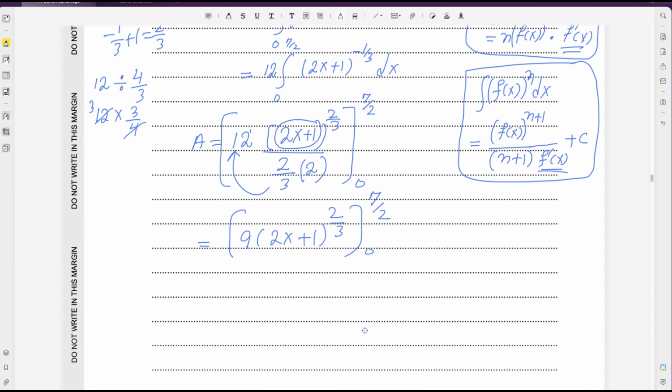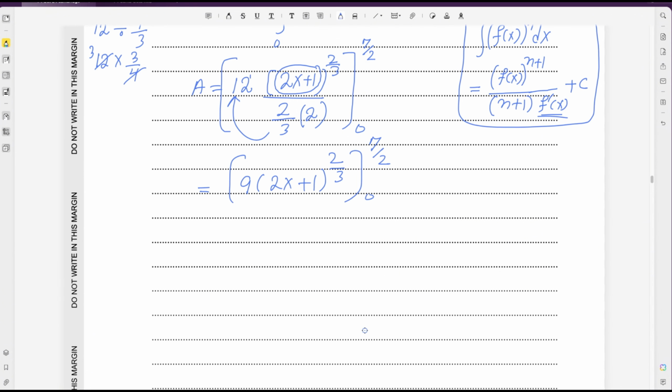Now you need to plug in the values. First of all, we always use the upper limit. We'll use the upper limit first. Instead of x, we'll write 7 over 2. According to the rule, 9 into, better you use a square bracket here to plug the values, 2 into 7 over 2 plus 1, and don't forget I'm writing the power as is.